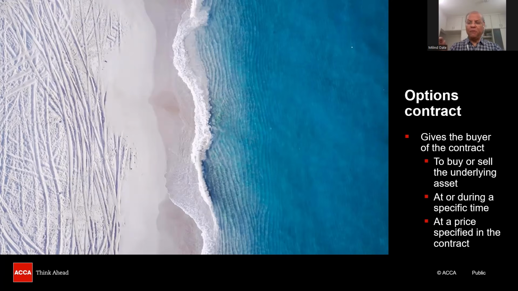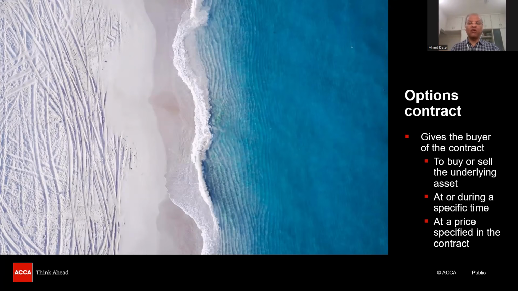So the peculiarity of an option contract from buyer's point of view is that the buyer only has a right but no obligation to perform, whereas the seller has only obligation to fulfill if buyer decides to exercise the contract, exercise their right.